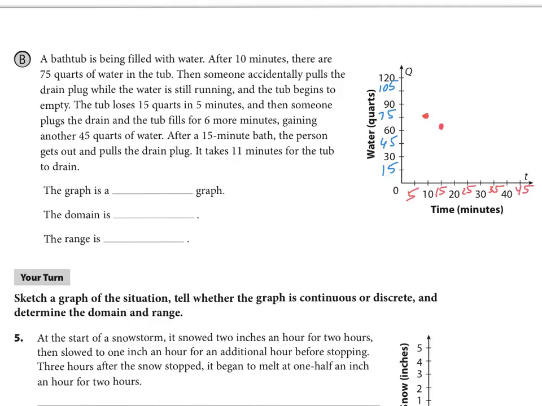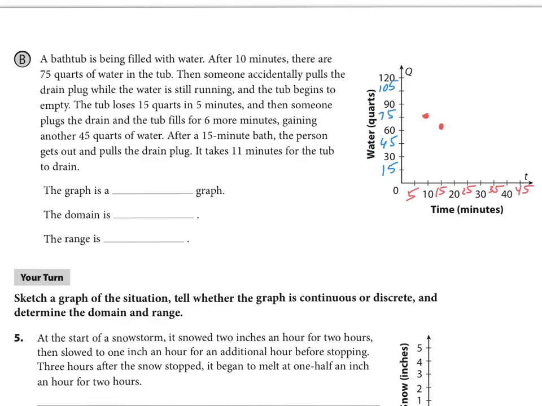So the first 10 minutes, it filled up and went to 75. Now, let me ask you this. Is this a discrete or continuous function? Is water always going in, or I'm just pouring water in at points? Water's always flowing into the tub. That makes this a continuous function.